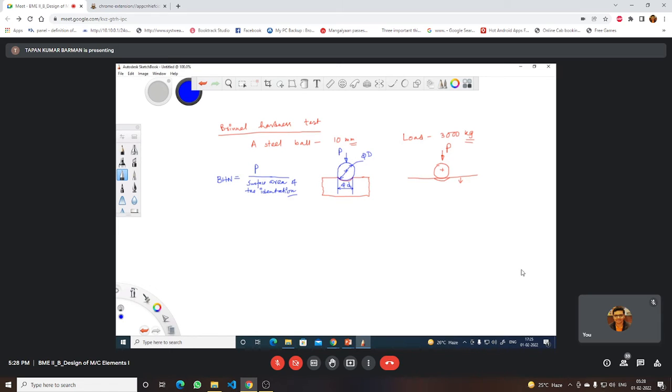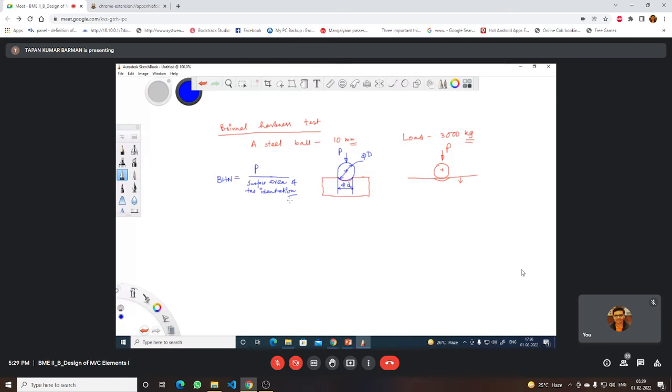Now, as you can see, if I change the applied load, then your BHN also will change. Now, we always try to relate your tensile properties with the other properties. So, is there any relationship between the Brinell hardness number and your tensile test data? Yes, we try to. Generally, our popular material is steel.